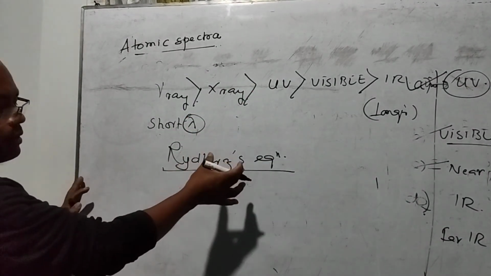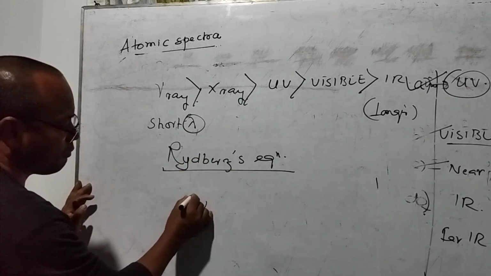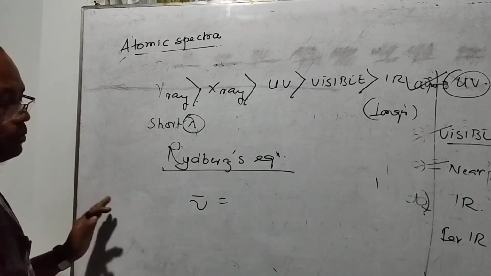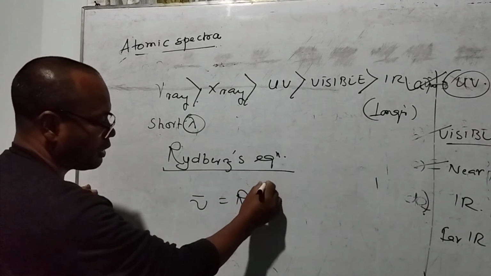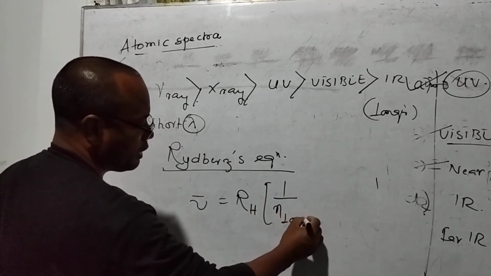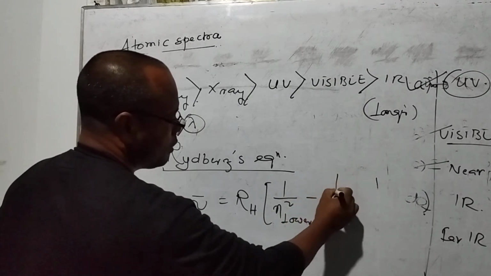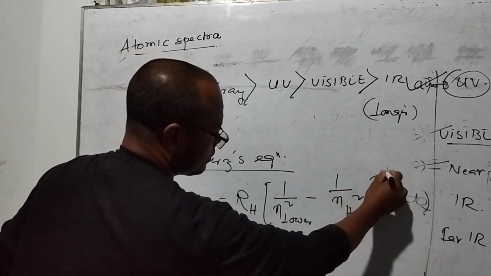That equation calculates the wave number: wave number = R (1/n lower squared minus 1/n higher squared).